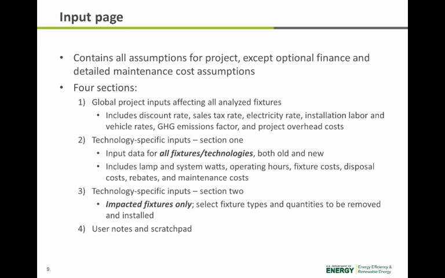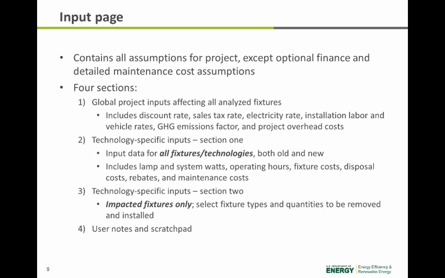In the item labeled 2 here on this slide, the section 1, the user needs to enter data for all fixtures or technologies potentially examined, both existing fixtures and new fixtures. And in this section, details about the fixtures such as wattages, operating hours, maintenance costs, fixture costs, rebates, things like that are entered.